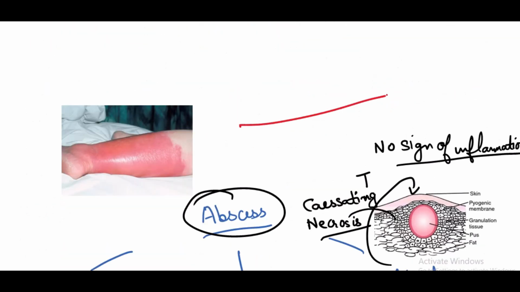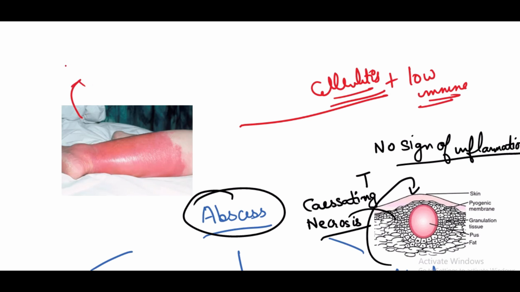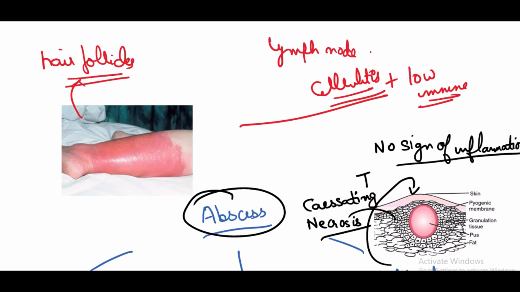Now, what are the complications of a boil? It could lead to cellulitis, especially in those who have low immunity. The infection can spread to neighboring hair follicles, or there could be lymph node enlargement.